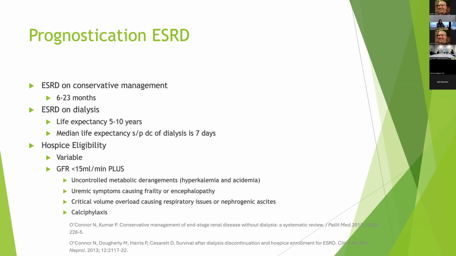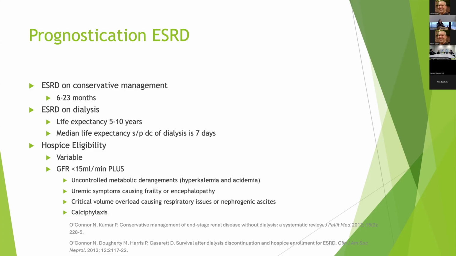So I think, oh, end-stage renal disease, stage 4, definitely stage 5, they qualify for hospice. This article said, well, not necessarily. They really should have a GFR less than 15 plus at least one or more of uncontrolled metabolic derangements, uremic symptoms causing frailty or encephalopathy, a critical volume overload causing respiratory issues or nephrogenic ascites, calciphylaxis.